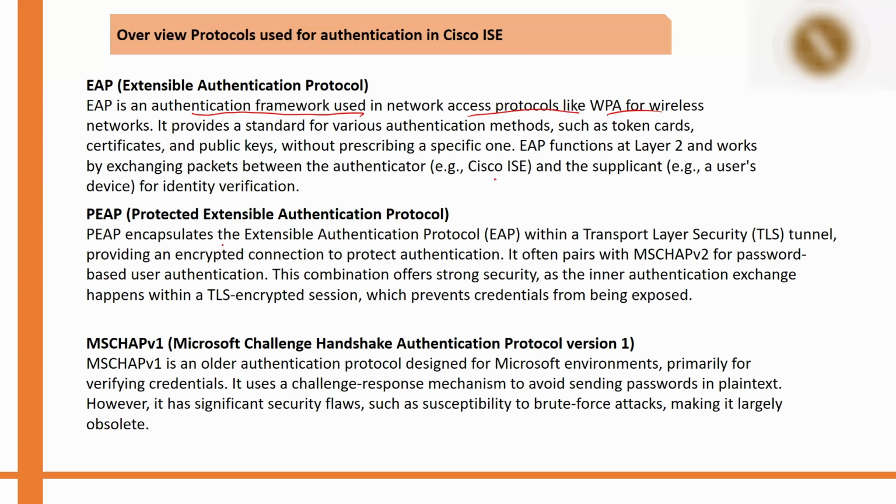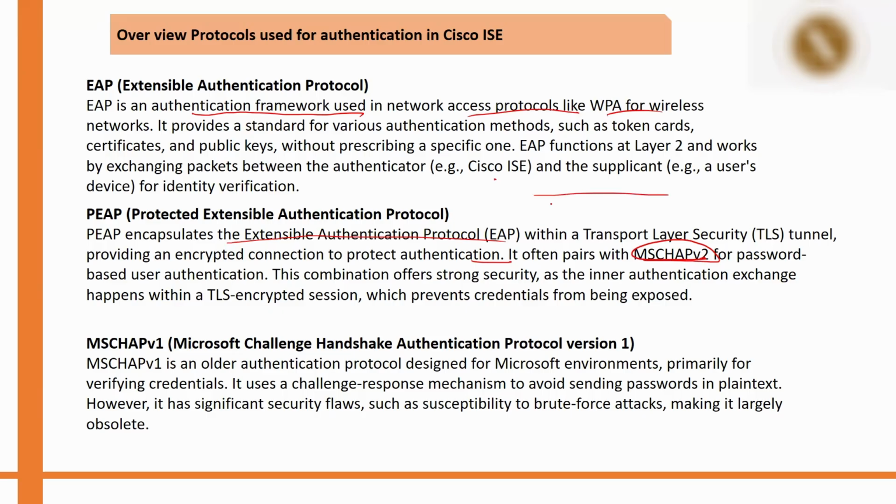PEAP encapsulates the EAP with a transport layer tunnel, providing an encrypted connection to protect authentication. It often pairs with MSCHAP v2 for password-based user authentication. So PEAP encapsulates with a TLS tunnel.